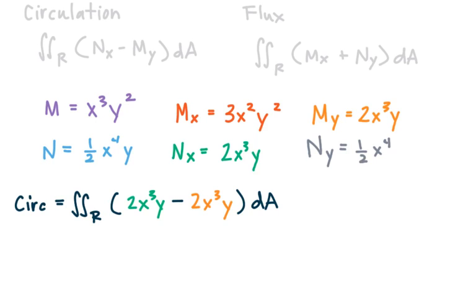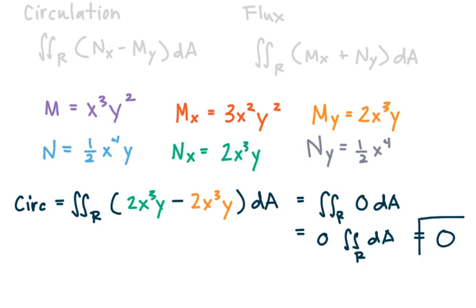Well, one thing you should notice here is that my integrand simplifies to 0. Treating that as a constant, we have 0 times the area of that region, and 0 times anything is 0. So my circulation is equal to 0, which means that whatever our vector field is circulating, whether it be gas or water or electricity, there is 0 circulation.